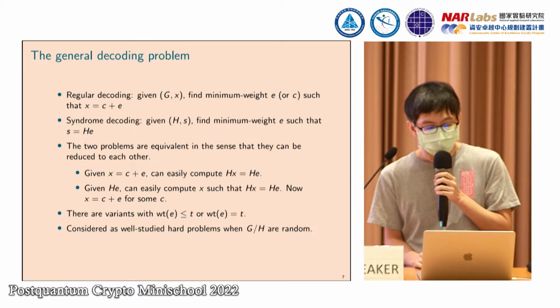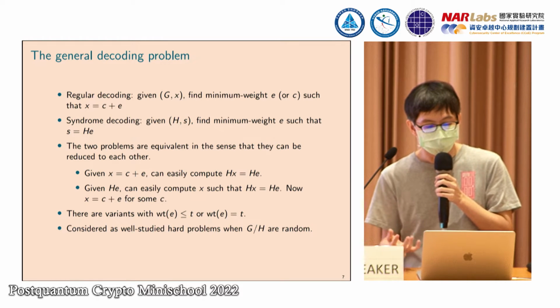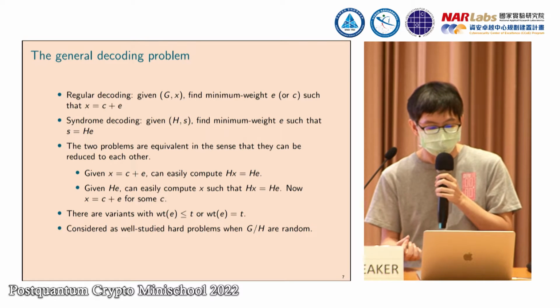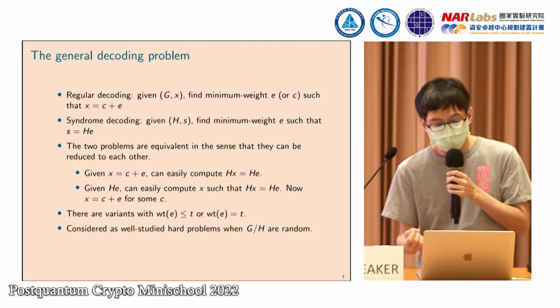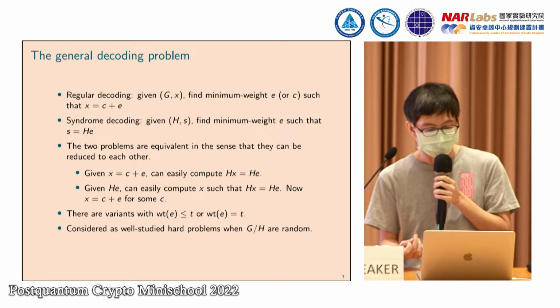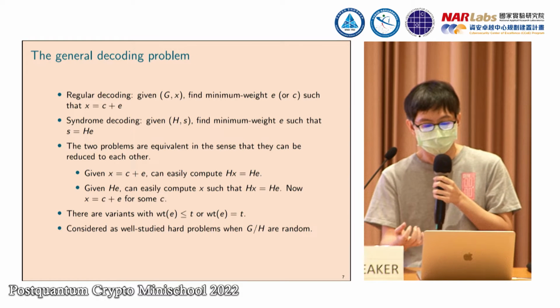The two problems are actually equivalent in the sense that you can easily reduce one to the other. For example, if you start with a regular decoding instance where you're given X, you can multiply it by any parity check matrix H, and this becomes Hx equal to Hc plus He.